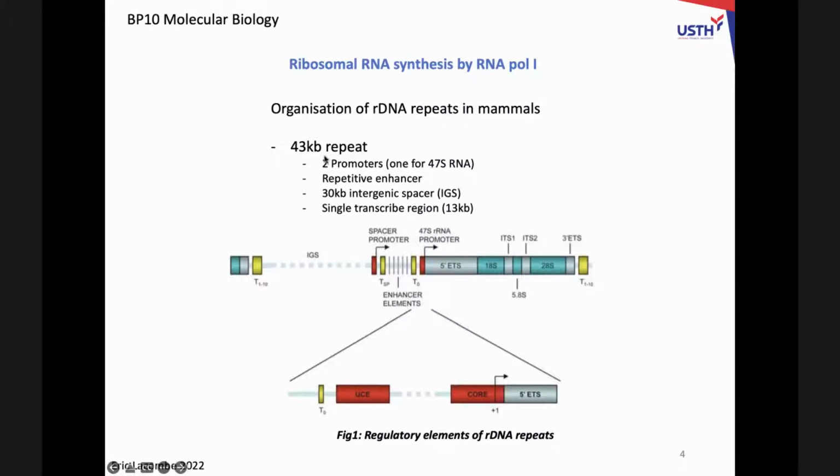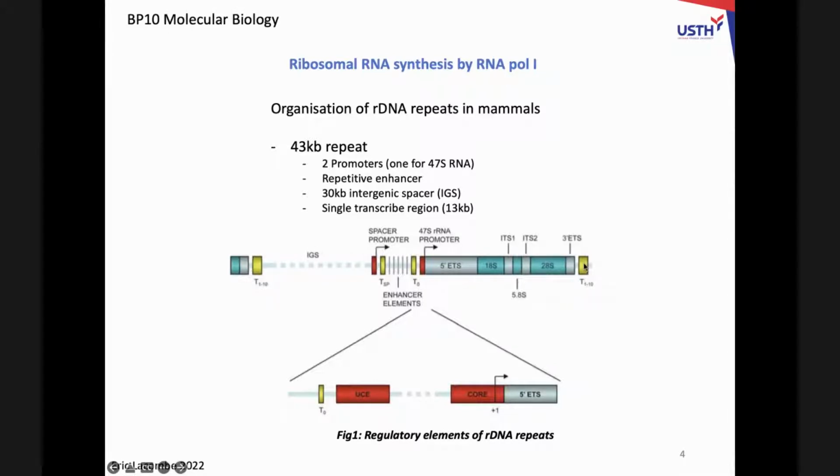So this piece of DNA contained in the genome is all located in the nucleolus, and what interests us is the structure of the DNA that is transcribed by Pol 1.